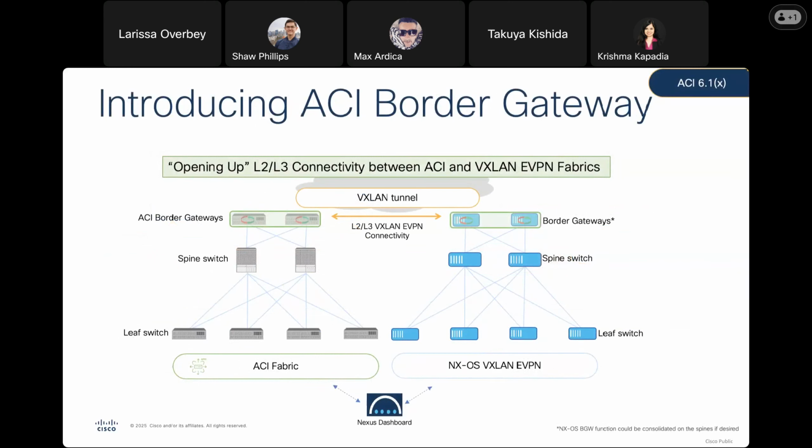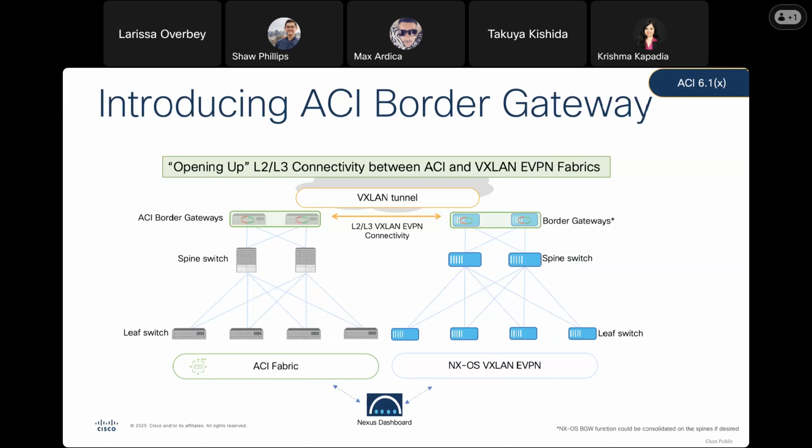So we have this new ACI border gateway that provides that border gateway functionality to ACI and between ACI and other VXLAN domains. This was introduced in 6.1, and we have multiple functionality that supports that entire feature being released with our ACI 6.1 releases.